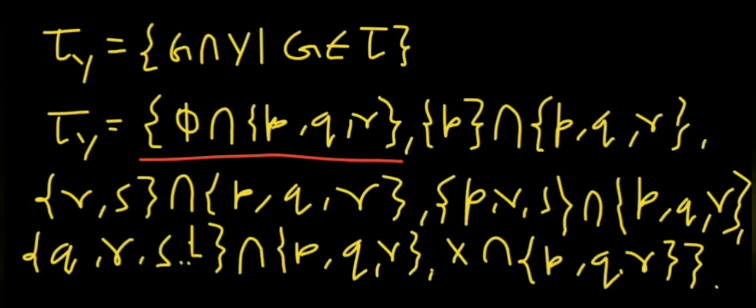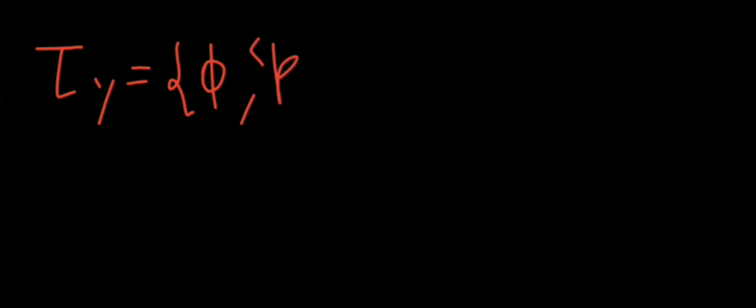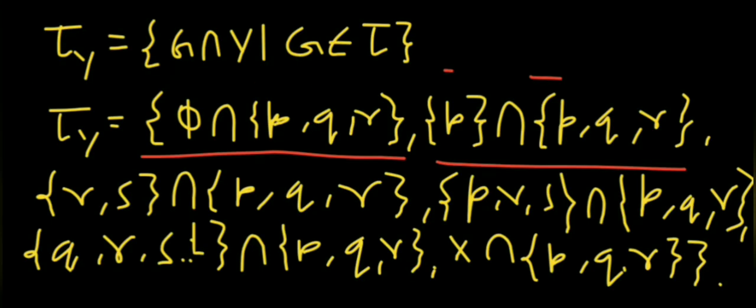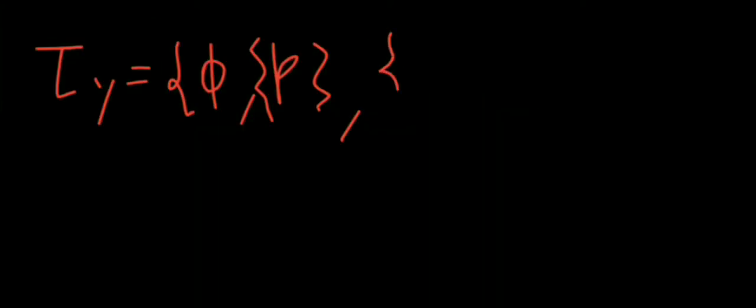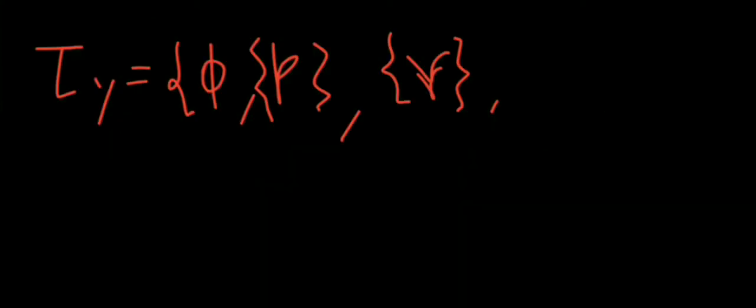The second member is {P} intersection {P, Q, R}, so only P. The next member will be {R, S} intersection {P, Q, R}. Only R is common, so it will be the singleton {R}. Next, {P, R, S} intersection {P, Q, R}. Two members are common here, P and R.